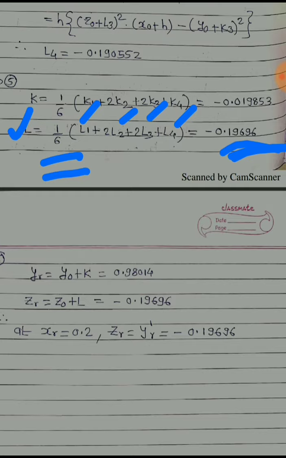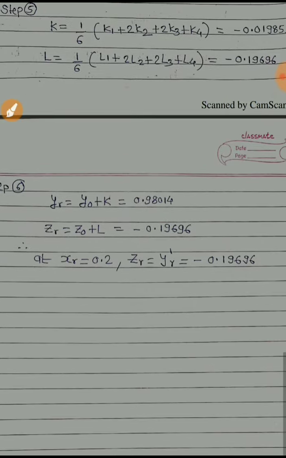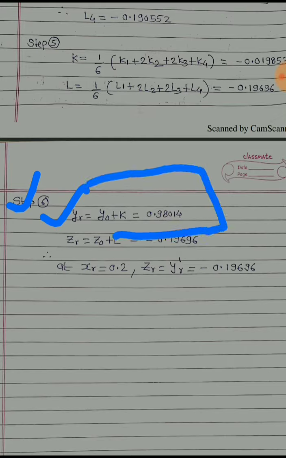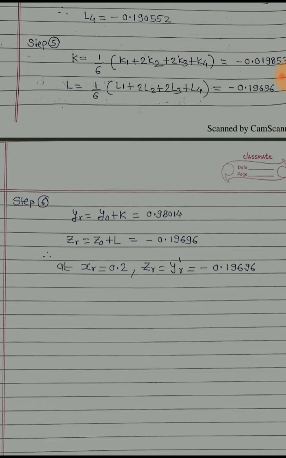Then once we have got the values of L and k, our work is to calculate the values of y and z, that is step 6. So we have calculated yr is equal to y0 plus k, that is 0.98014, and zr is equal to z0 plus L. The L value we have just calculated, z0 is known, that is 0. If we put that, you will get this.